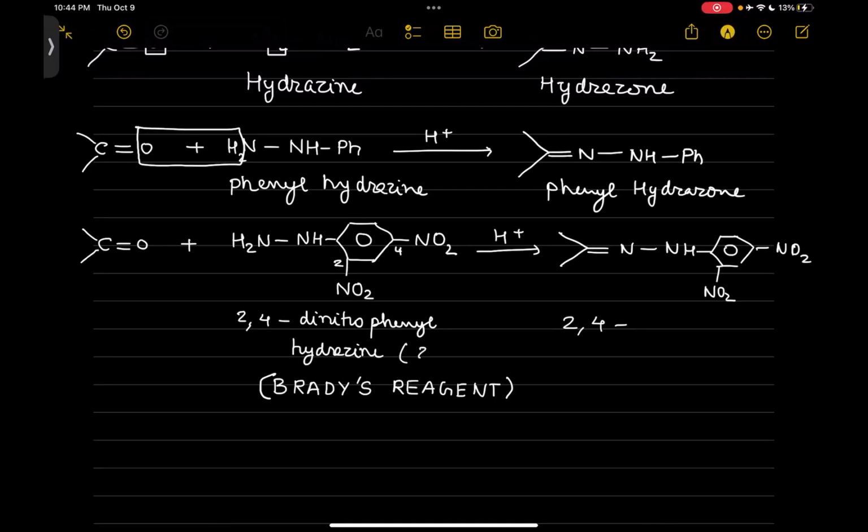The short form is 2,4-DNP, 2,4-dinitrophenylhydrazone. Got it? Is it clear or not?